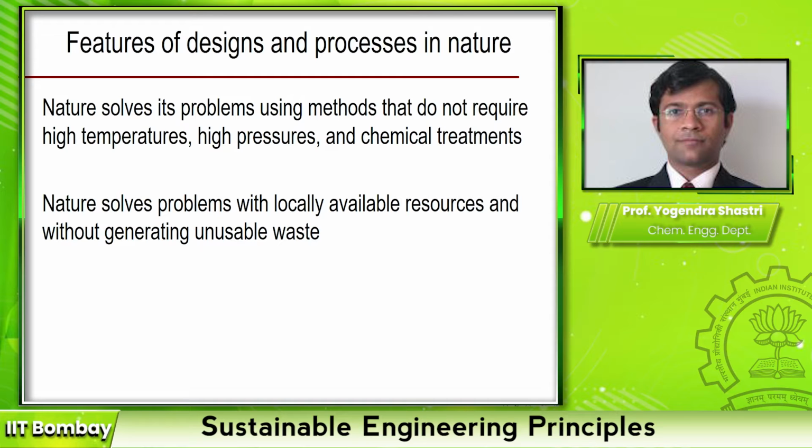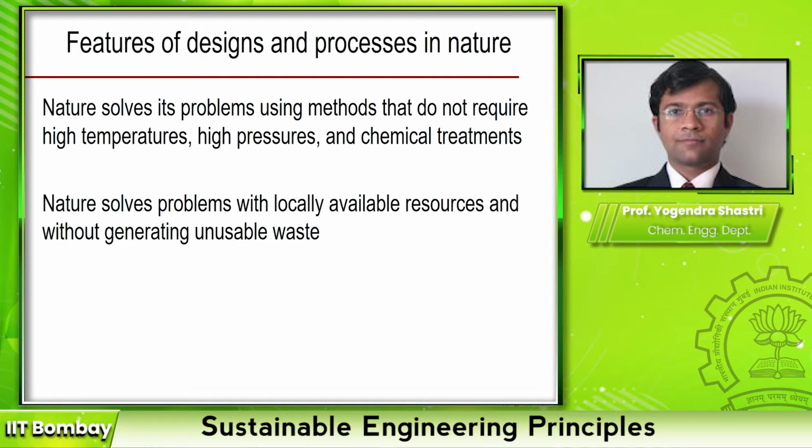Now, what are the features of designs and processes that you see in nature? If you see anything that happens in nature without any human intervention or technological intervention, you will see that there are two key features. First is that nature solves its problems using methods that do not require high temperature, high pressure and chemical treatments.